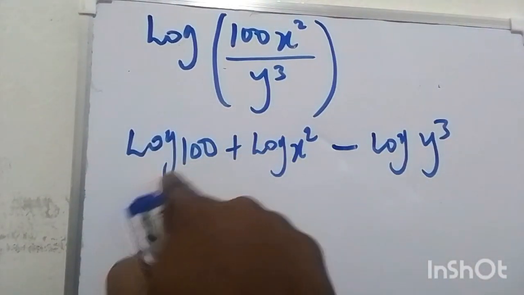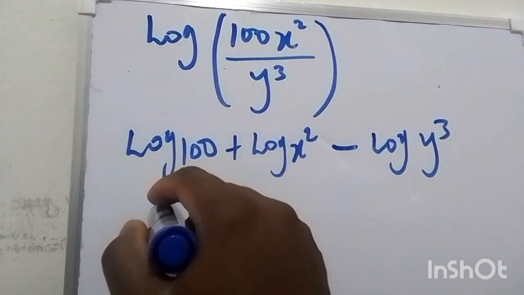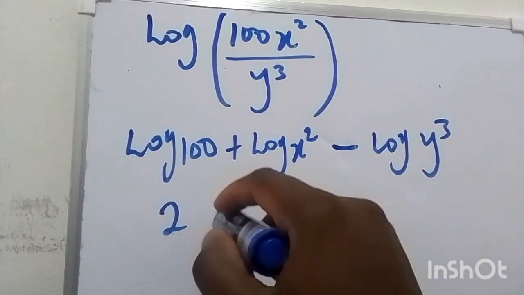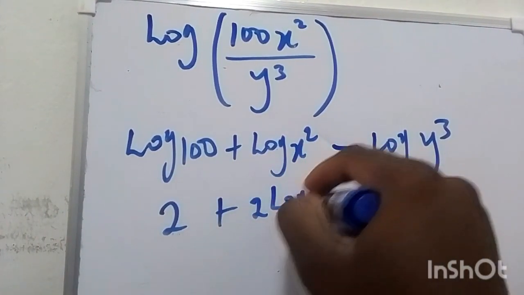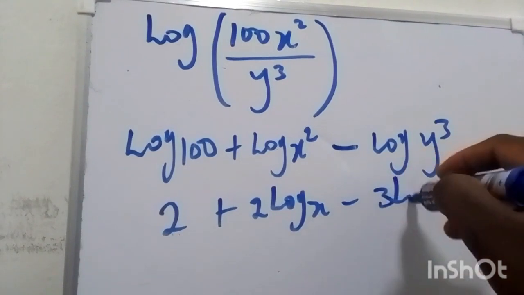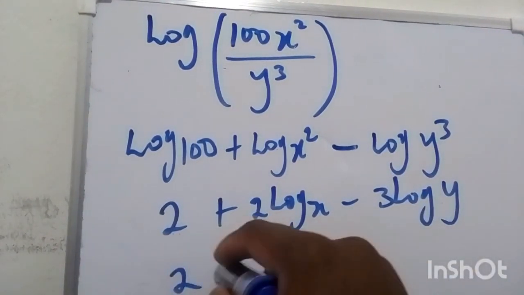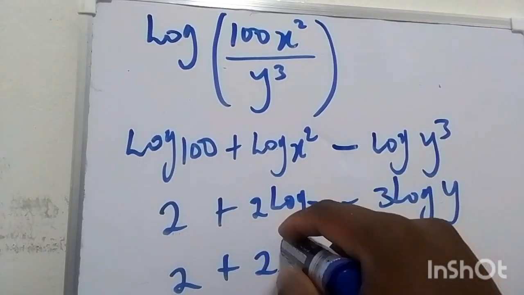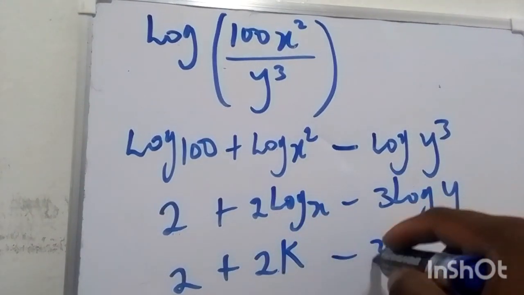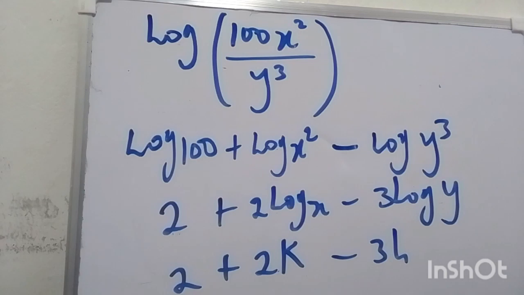And what is log 100? Log 100 is 2, plus 2 log x minus 3 log y. So we have 2 plus 2 times log x which is k, minus 3 times log y which is h, and this becomes the answer.